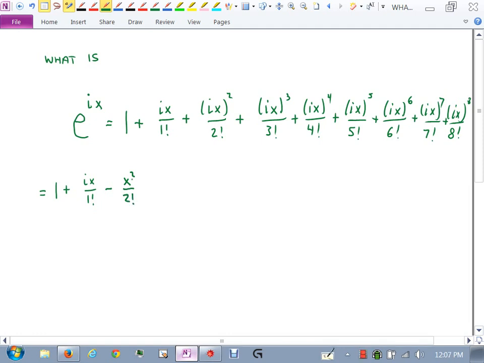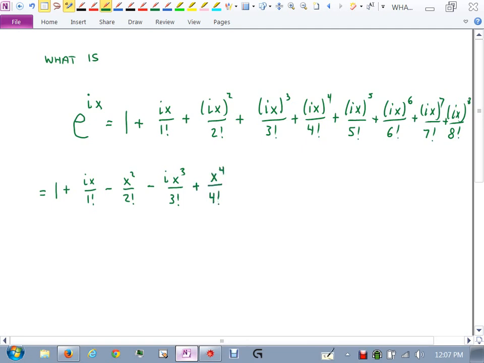This is going to be so cool. Check this out. What happens if I cube i? I get -i, right? So this is going to be minus i, then x cubed over 3 factorial. Okay, next one. If I do i to the 4th, what was i to the 4th? 1. And then x to the 4th over 4 factorial.